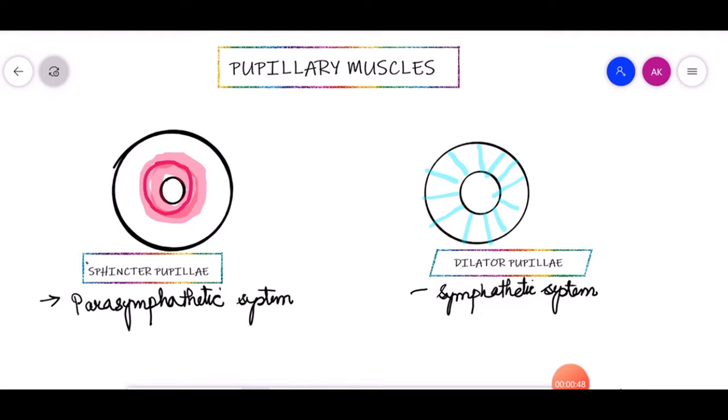So the constrictor pupillae is present around the pupil in concentric circles and therefore brings about constriction of the pupil, whereas the dilator pupillae is arranged radially across the pupil. Whenever these radial muscles contract under the influence of the sympathetic system, the pupil will dilate, and because of this dilating action, it is called dilator pupillae.